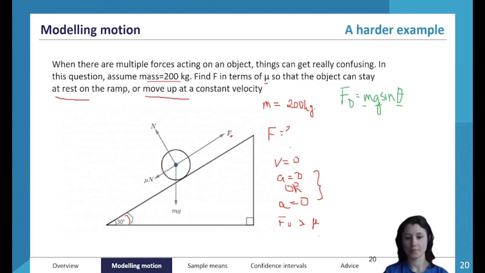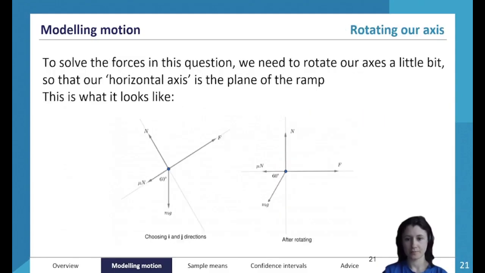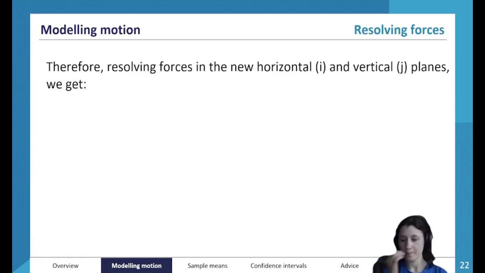So, force down is going to be equal to mass, which is 200 here, times 9.8, times sine 30.